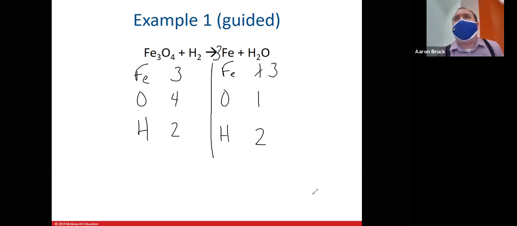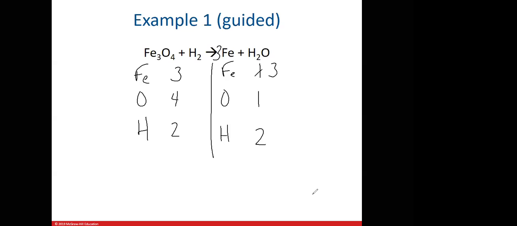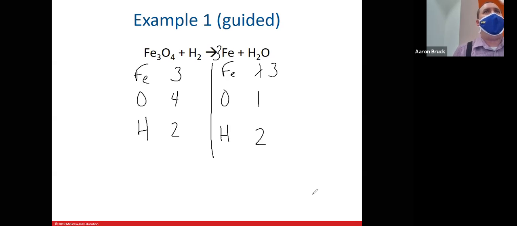Thing to remember about the coefficients, they're multipliers. They multiply by everything that is in the substance that they're out in front of. So in this case, I had 1 iron atom. I put a 3 in front. That made it 3 times 1, 3 iron atoms. So I've got the iron balanced.